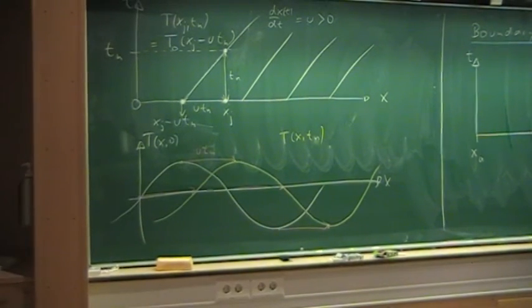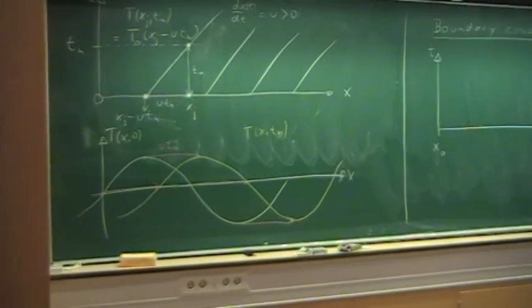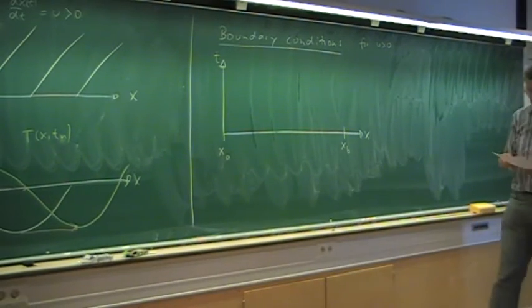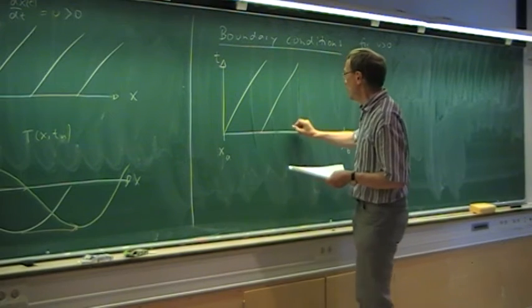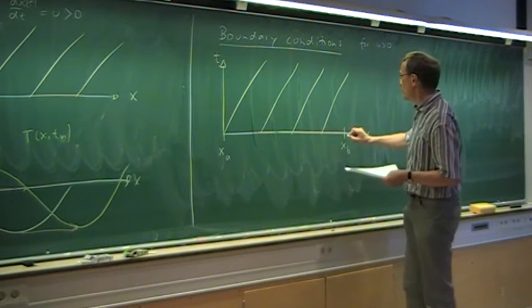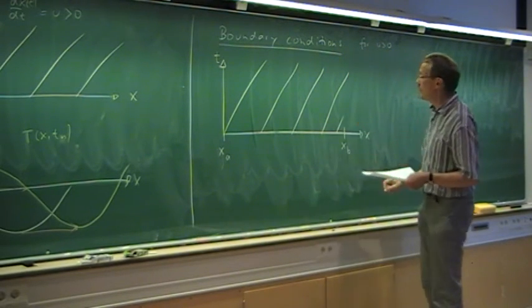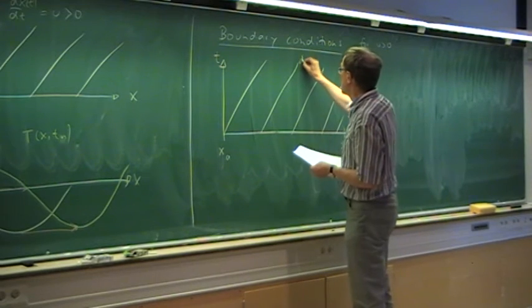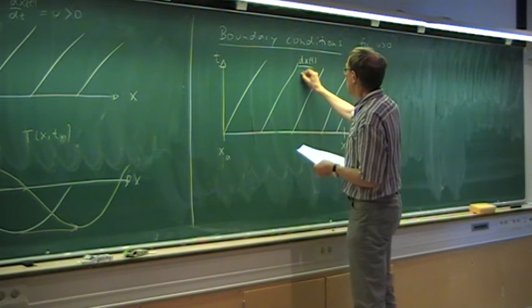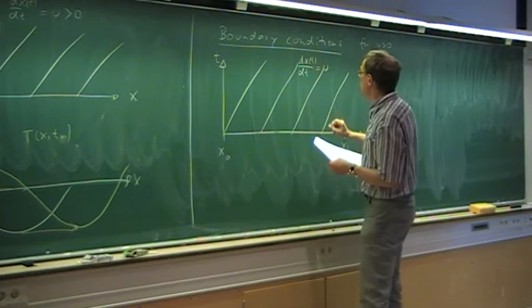So we continue with this discussion that it's positive. Then the characteristics will look similar. They will all be parallel, and their slope will be given by u. So again the slope of all of these characteristics is equal to u. It's positive.